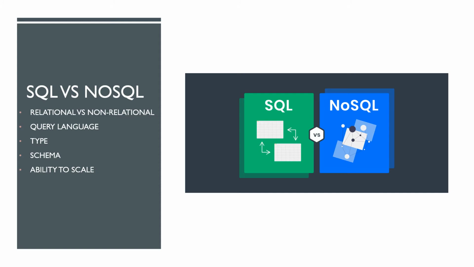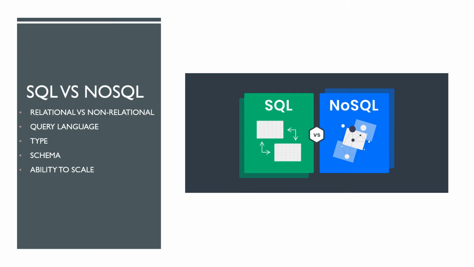On the other hand, NoSQL database systems consist of various kinds of database technologies. These databases were developed in response to the demands presented by the development of modern applications. The query language used for SQL is structured query language, and for NoSQL, unstructured query language.